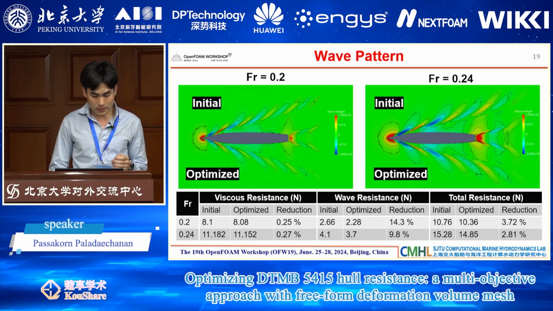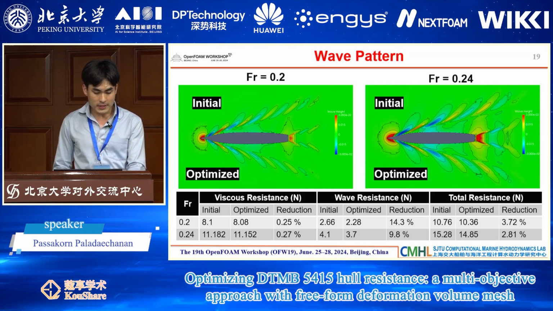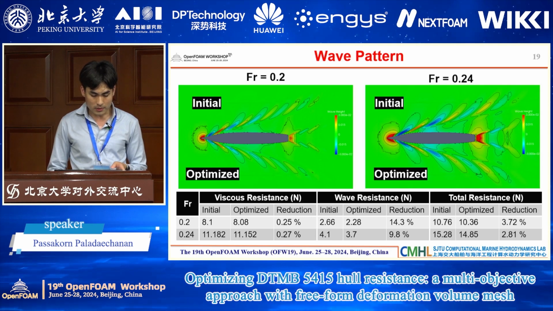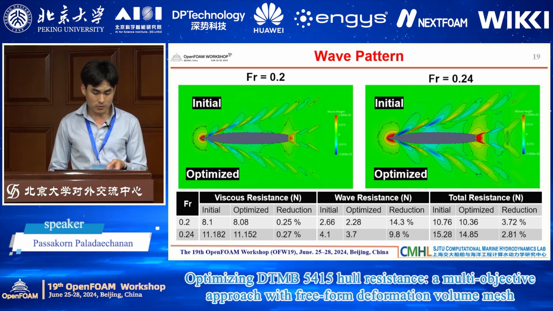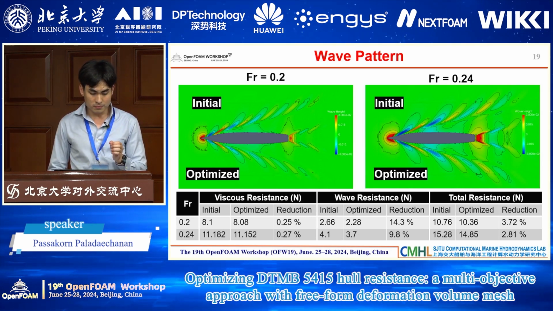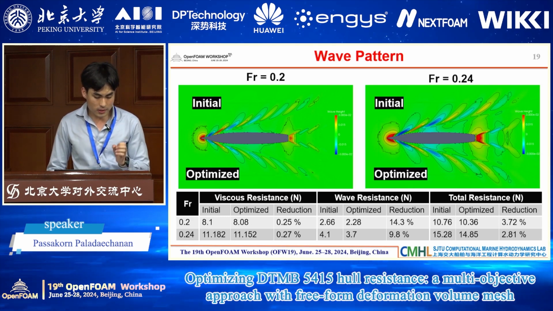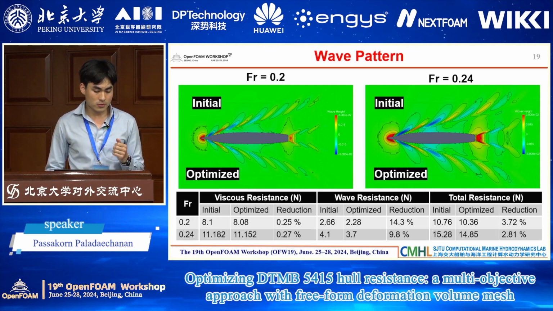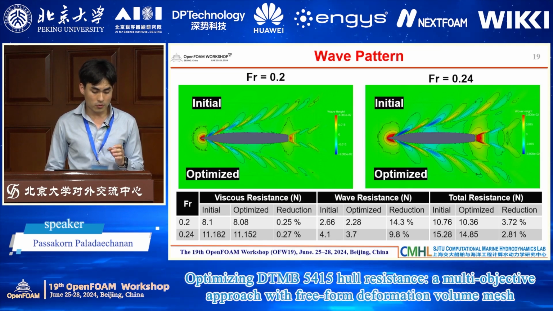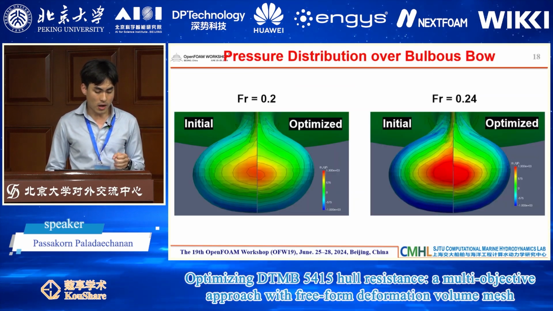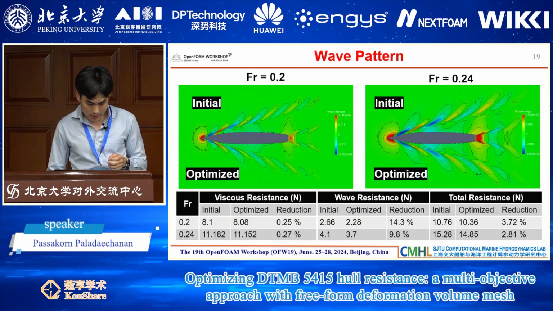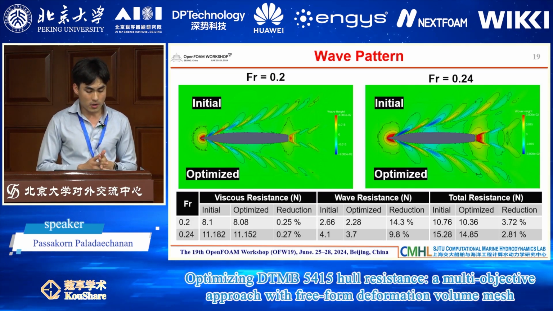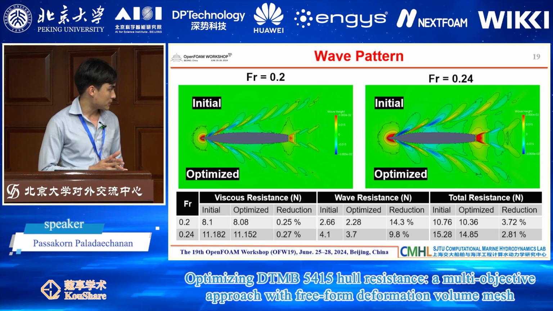The viscous resistance, which is based on the dynamic pressure, is also reduced: at Froude number equal to 0.2 it is reduced about 0.25%, and for Froude number equal to 0.24 it is reduced around 0.27%.